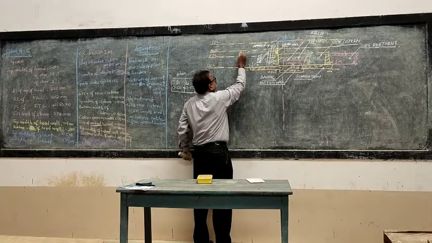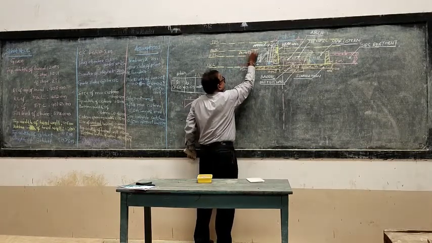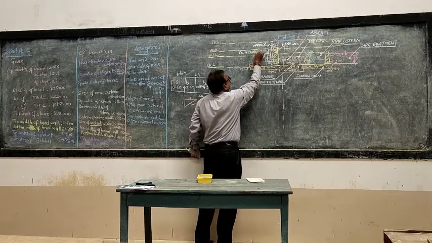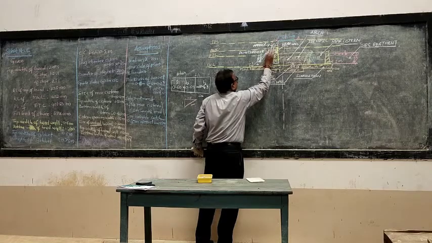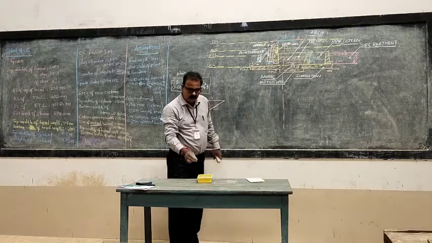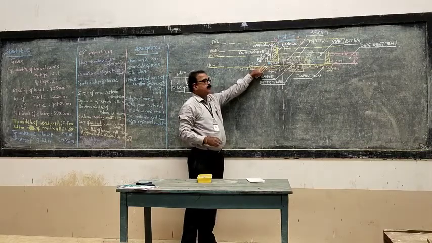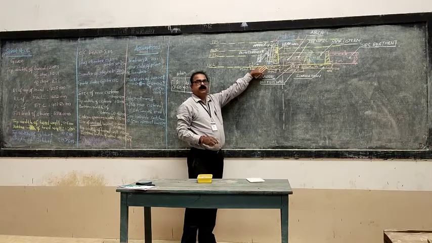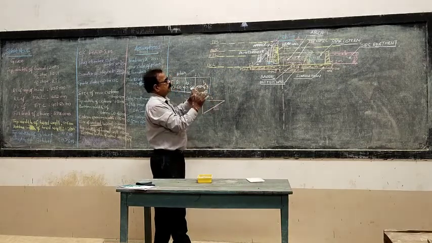It is the part with the guide slab. Guide slabs are there, and then here it is the plug chamber. That completes one part of the drawing.